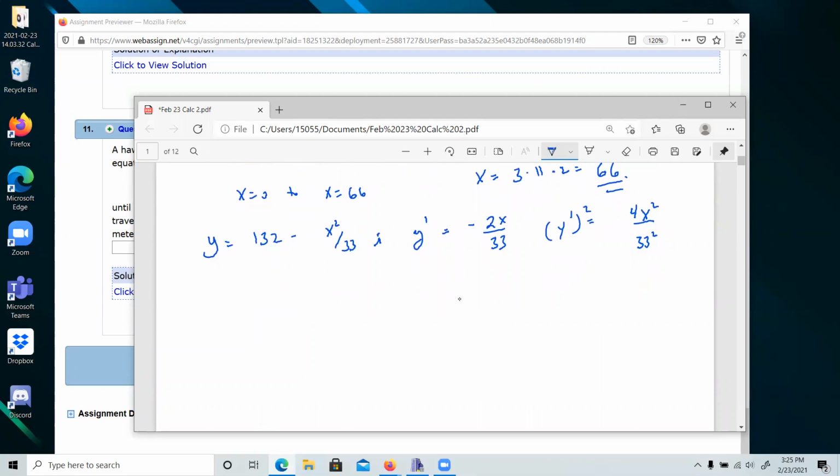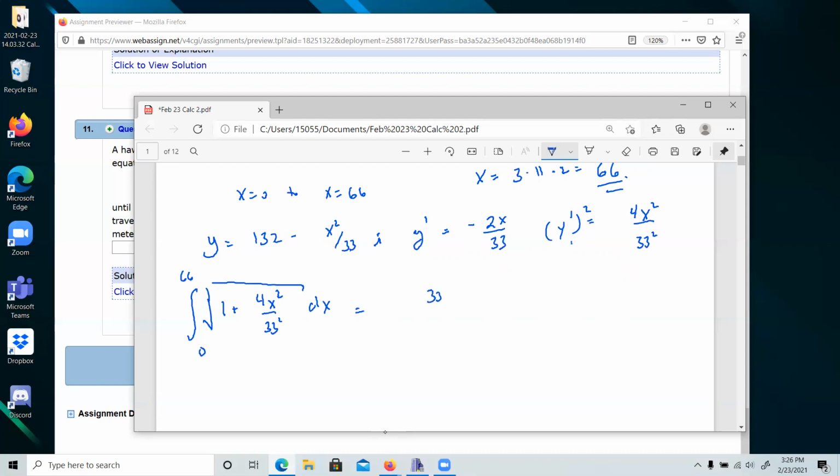Okay. So what we're going to do is integrate, and we have the square root of 1 plus y prime squared, so 4x squared over 33 squared, dx. And we're going from 0 to 66. Well, let's see if this helps.